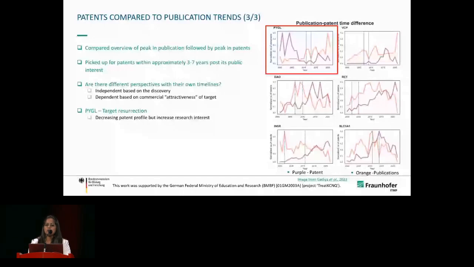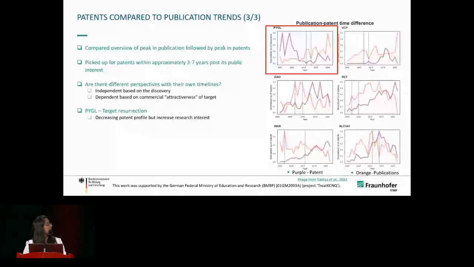This is probably because this gene was first found to be evident in rare diseases, so a number of partners and research institutes were interested in exploring it in rare diseases. But once they had explored the whole area, they didn't know what to do next, and that is why the interest in this gene decreased.